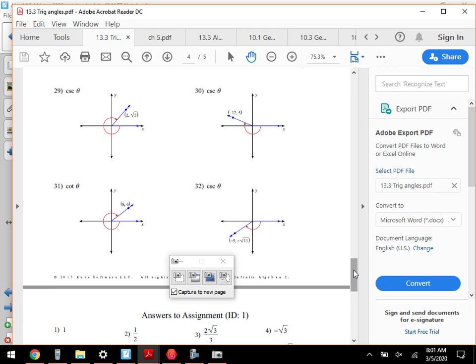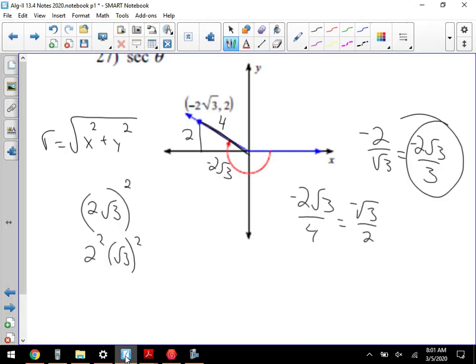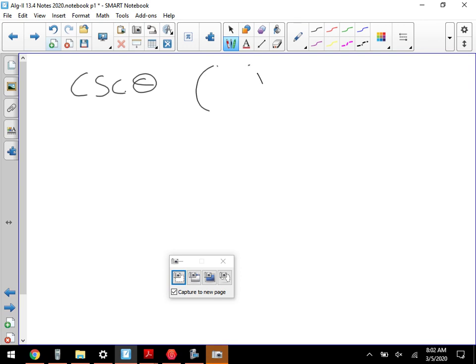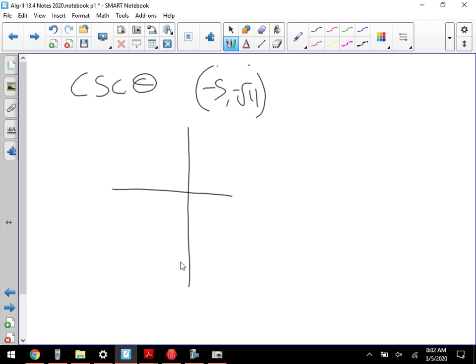Any other of those? Yes, Nate, what do you got? 32? Sure. So this one I have cosecant of theta at -5, negative root 11. So -5, negative root 11 is here-ish, down and over.